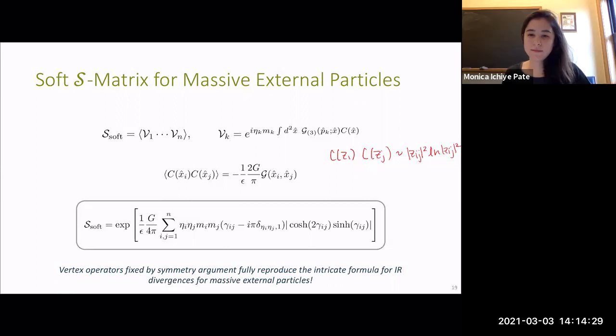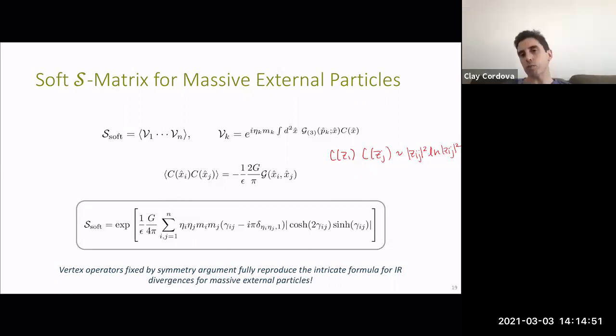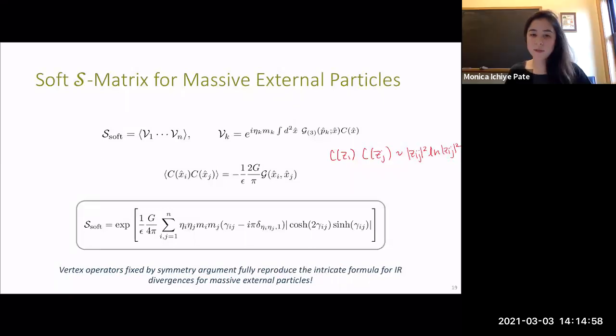I mean, okay, so I can tell you, well, just how do you get this propagator for C? How do you get CC as Z squared log Z? Well, this was fixed by having it reproduce the soft part of the S-matrix.